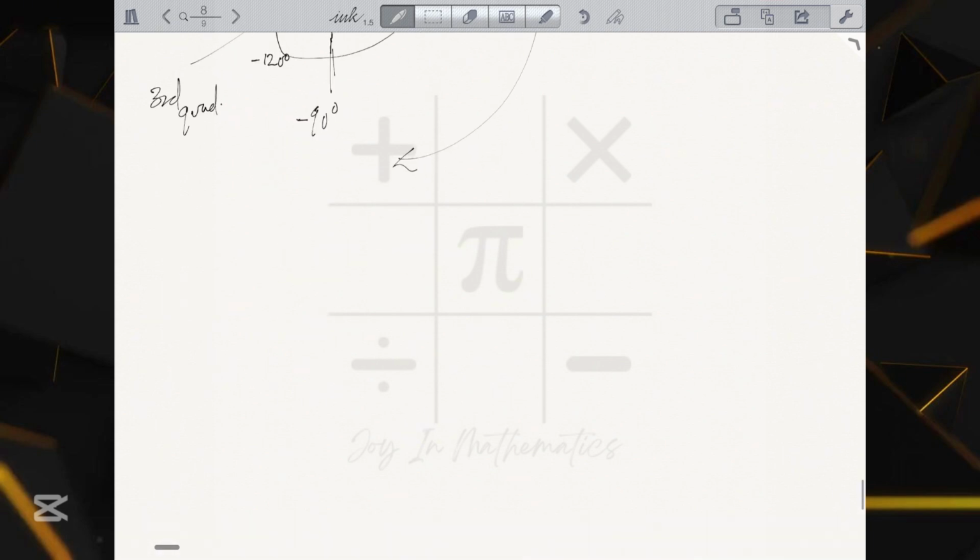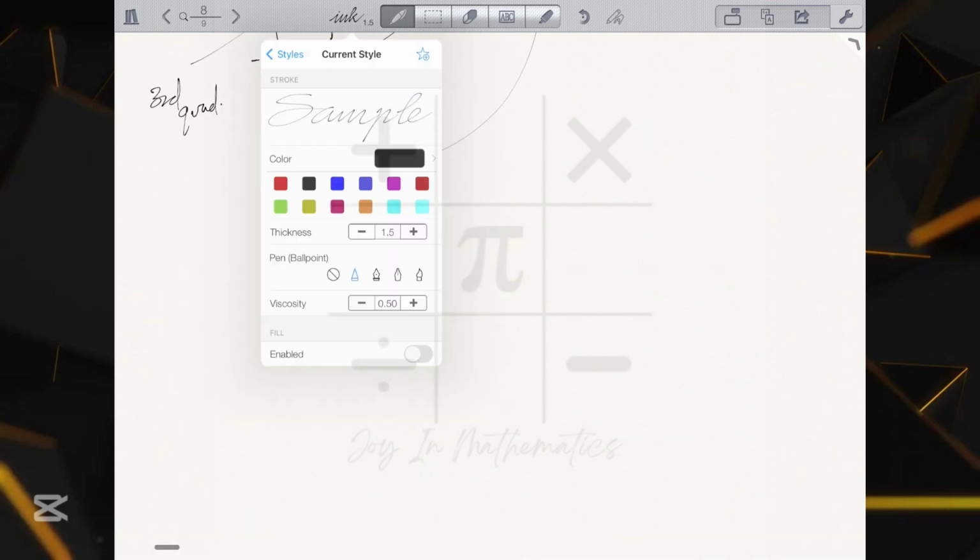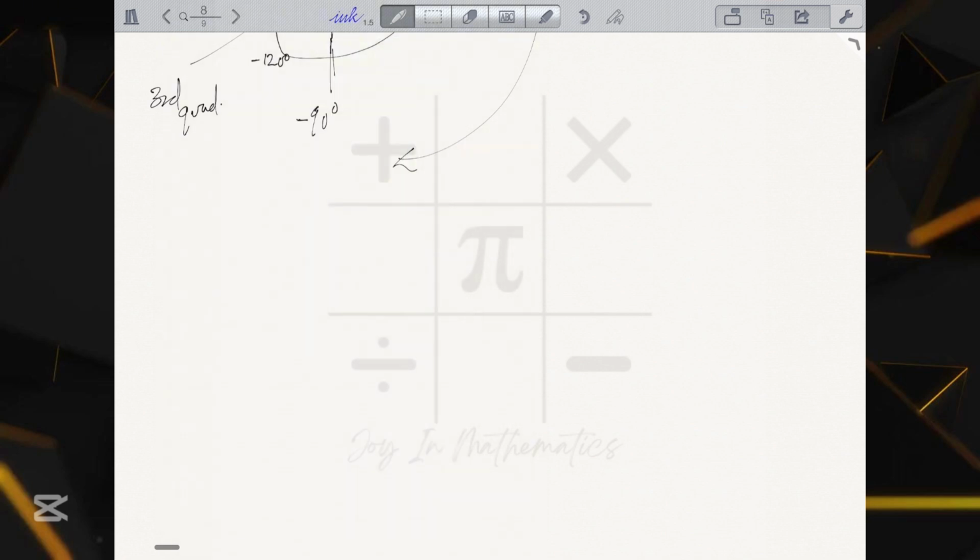So in conclusion, here are the quadrants of trig. We have the first, second, third, and fourth quadrants. The first quadrant ranges from 0 to 90 degrees. The second quadrant ranges from 90 degrees to 180 degrees.